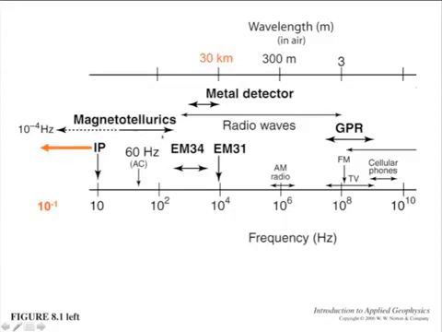So what are the geophysical uses of this? One very early and very simple kind of electromagnetic geophysical instrument is the metal detector. It operates over frequencies of maybe 1,000 hertz to 10,000 hertz. If you have ever used a metal detector, you know that it has found something when it squeals at you.